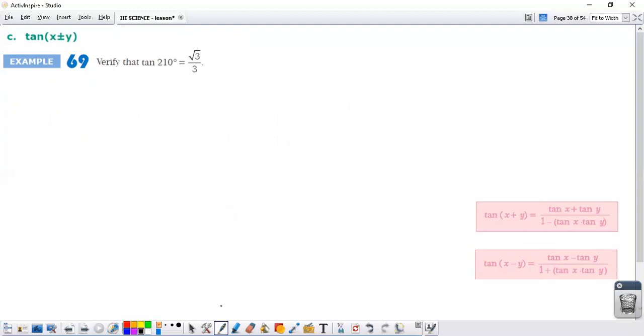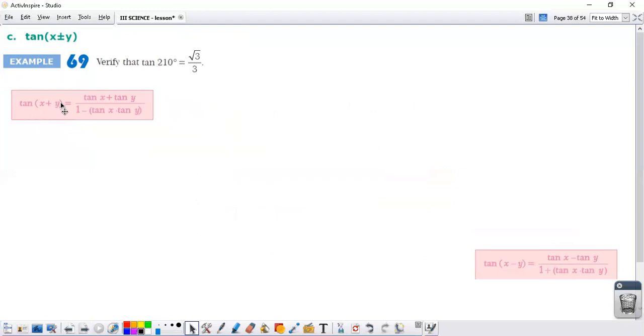So for example 69, we have the sum and difference formula for tangent. The question says verify that tangent 210 degrees is equal to root 3 over 3.